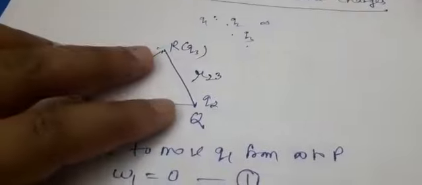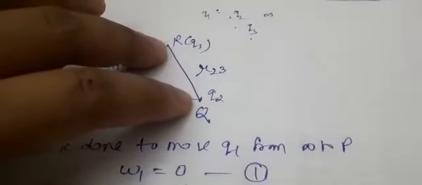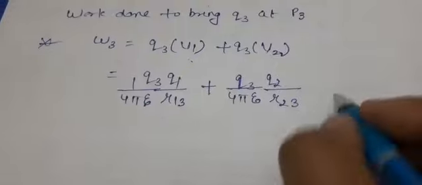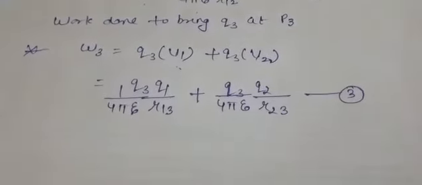plus 1 by 4 pi epsilon naught Q3. Now for the potential of Q2 you are taking, the separation distance is R23, so here you will write Q2 upon R23. Let this be equation 3.